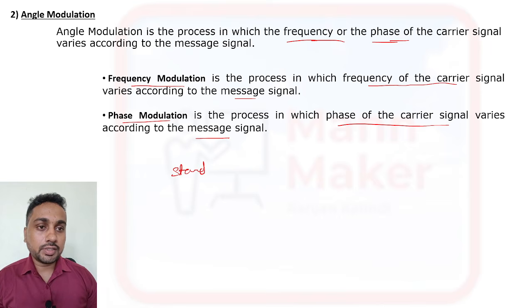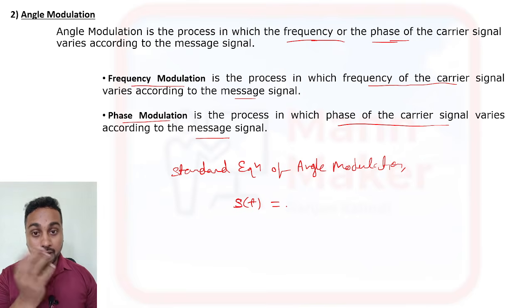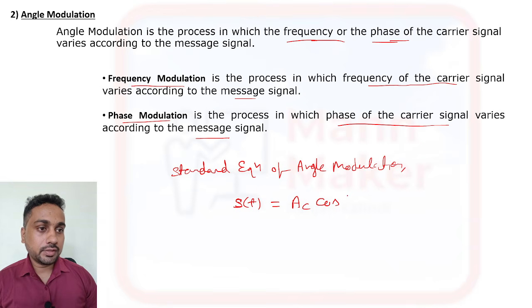So this is the basic definition of frequency modulation and phase modulation. Now let us see the standard equation for angle modulation. We have one message signal and a carrier signal, and s(t), the standard equation for angle modulation, will be AC cos theta i(t).